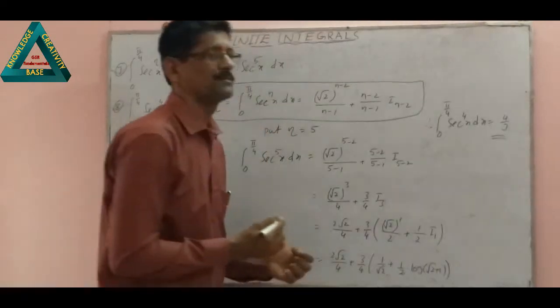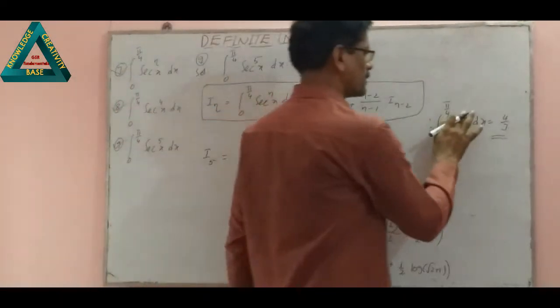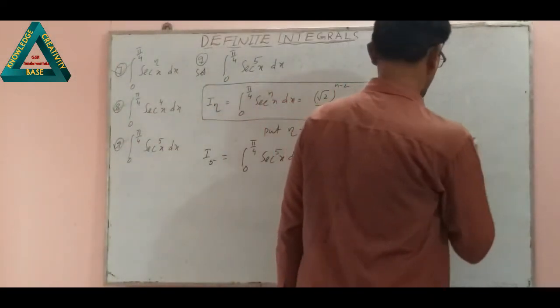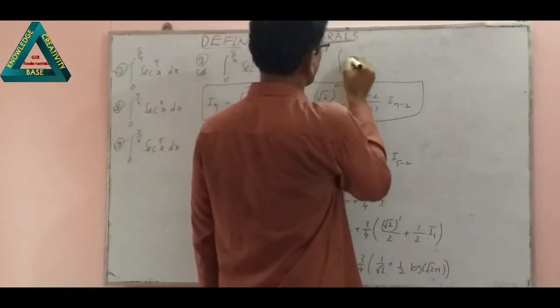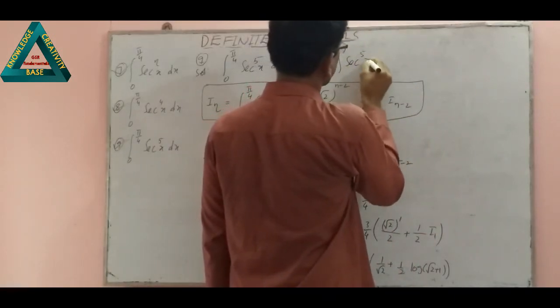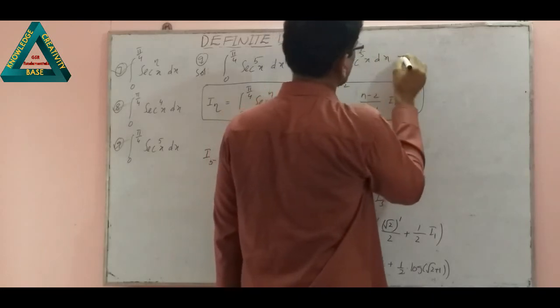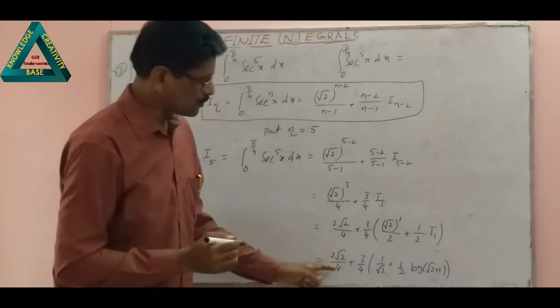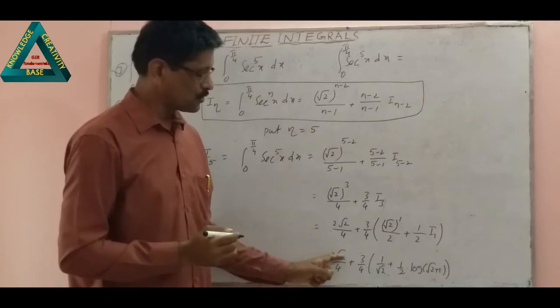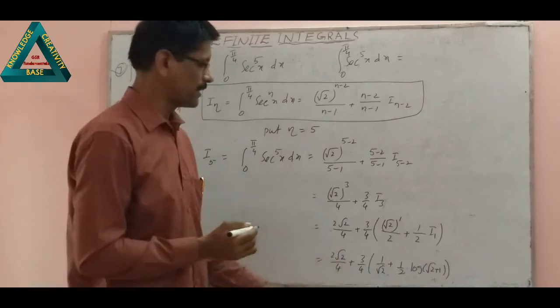So problem is over. So the value of integral secant power 5x dx in limits 0 to pi by 4 is equal to 2 root 2 by 4, that means root 2 by 2, and 1 by root 2.